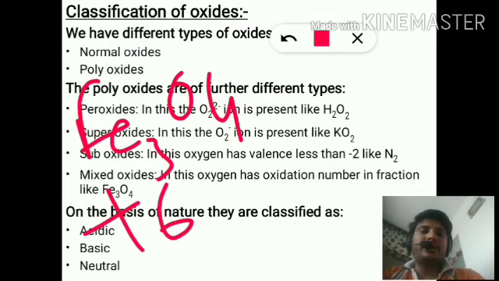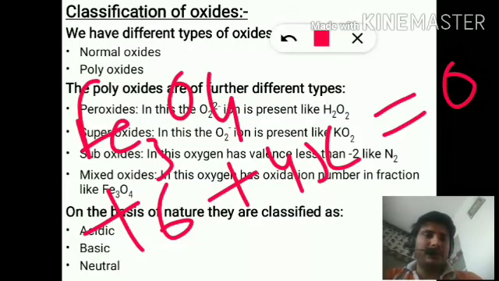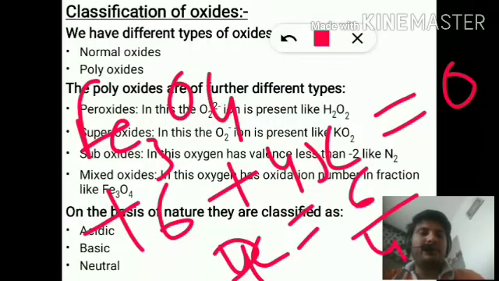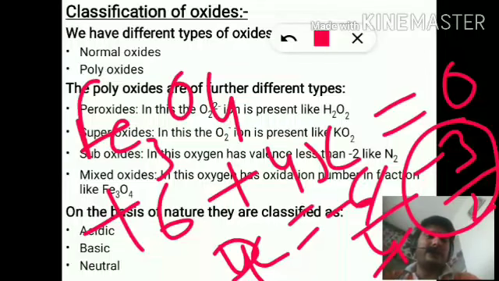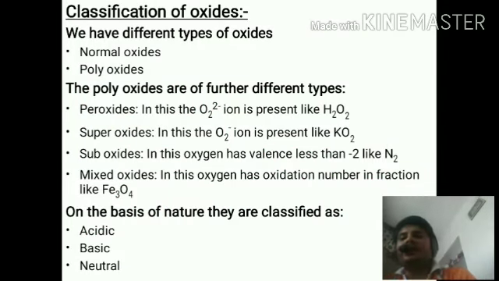For oxygen, we have to find the oxidation number x, so 6 + 4x = 0. Then 4x = 6, x = 6/4 = 3/2. It is found as the fraction 3/2, so that is a mixed oxide. Mixed oxide has a fractional oxidation number.